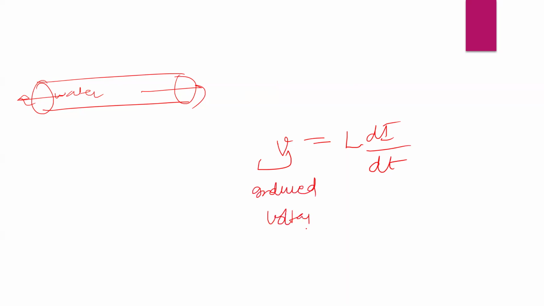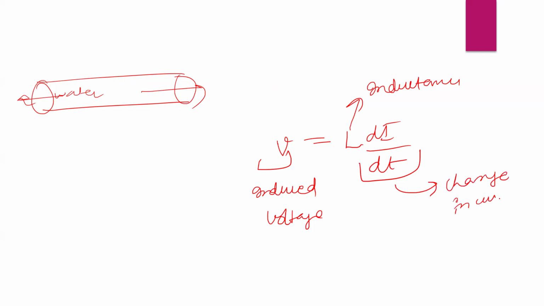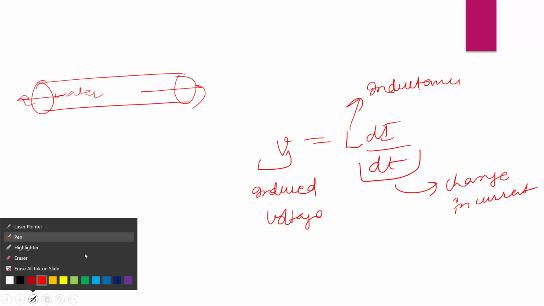So we have the formula of inductance as V is equal to L di by dt. V is the induced voltage, L is the inductance, and di by dt is the change in current. We can take real life examples, such as transformers.